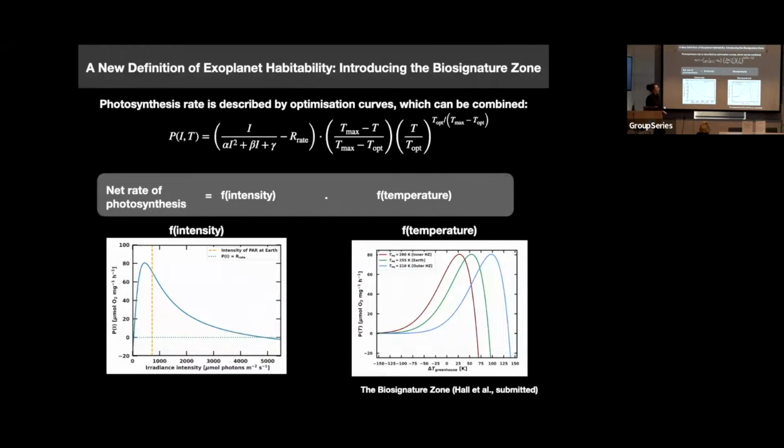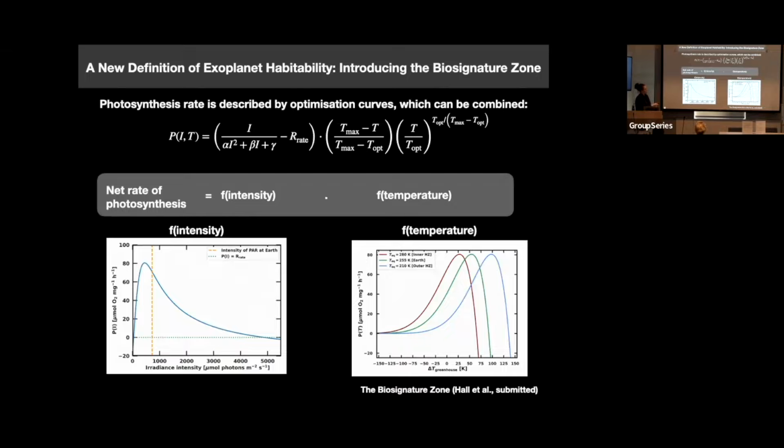Okay, and I found one thing in common, well, several things in common. I was looking particularly at any kind of photosynthesizing bacteria. And what I found was that they were all described by rate curves. A rate curve is basically an optimization function. So your rate of photosynthesis is measured in micromoles of oxygen per milligram of biomass per hour.